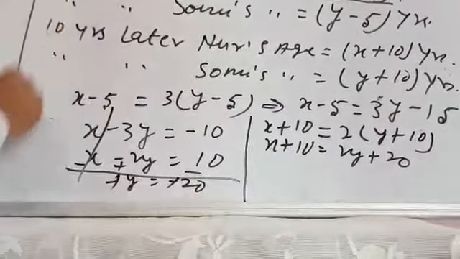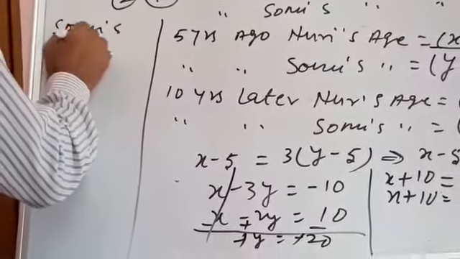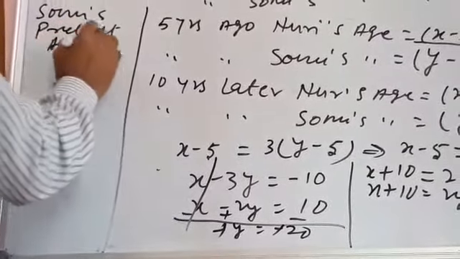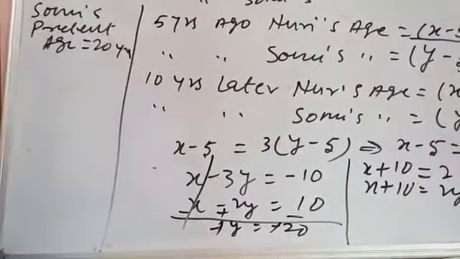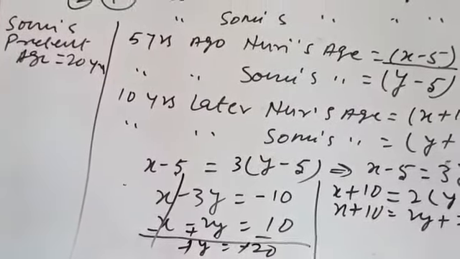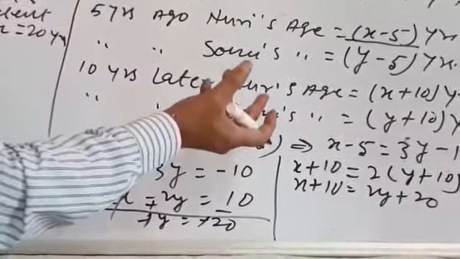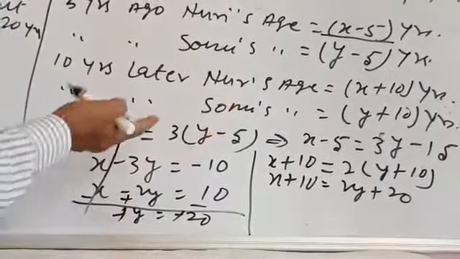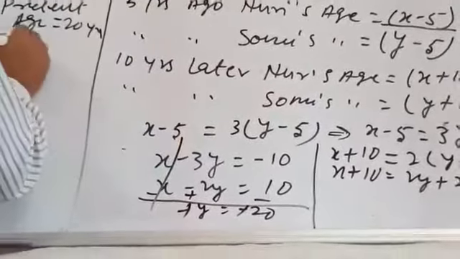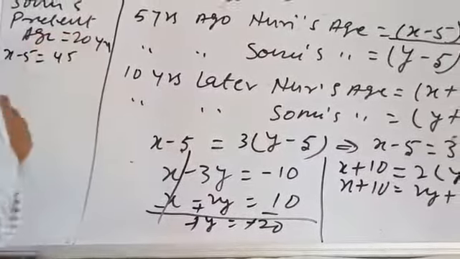So here we'll write Sonu's present age is equal to how much? 20 years. And what about Nudi's age? We'll put it somewhere else. Any equation you could put here, like suppose we have the first one, x minus 5 is equal to 45.